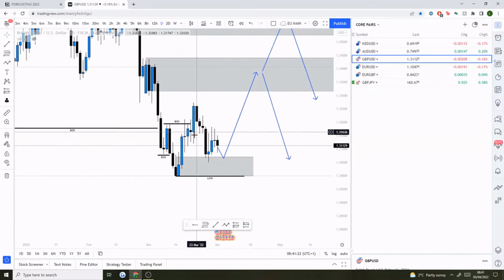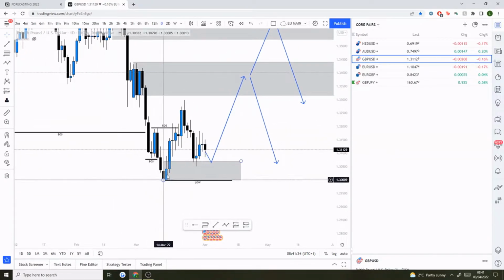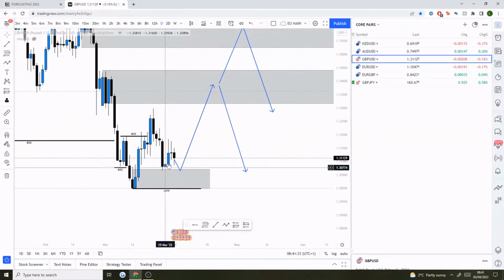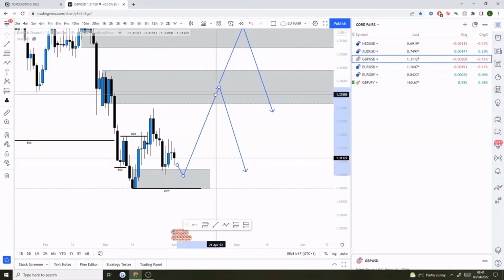So this week, what I'm seeing is this breaker structure to the high, and that breaker structure left behind this bullish order block at the low. We have now tapped into that bullish order block, so for me, as soon as the market opens, it's fair game for us to continue higher out of this bullish order block at the low.